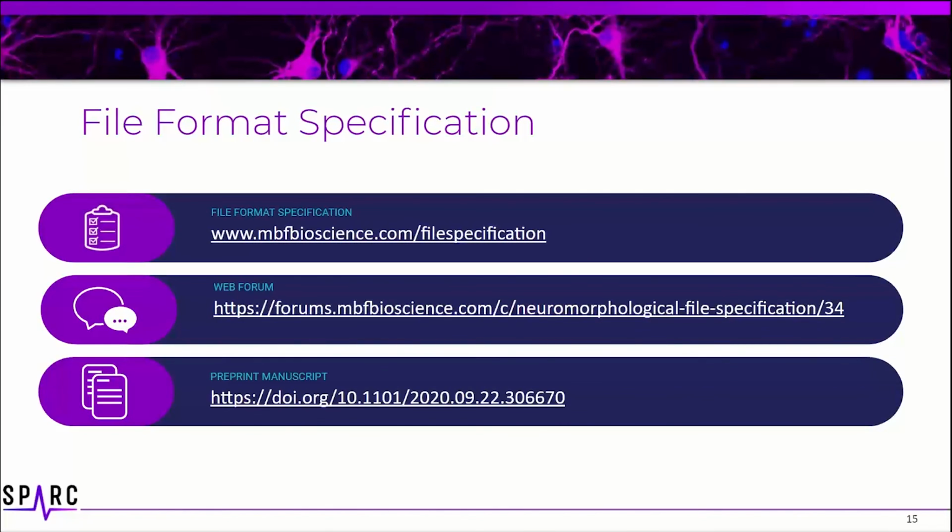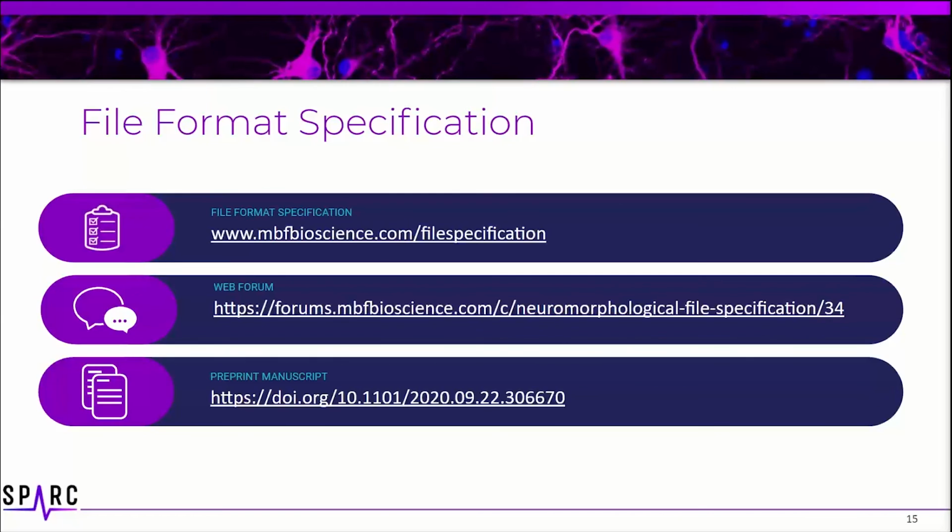To make the data output FAIR and allow tool builders like ABI engineers to ingest the data produced by MBF Bioscience, we have fully documented our file format, and it is available to the public. You can see the link to the file specification on the slide here, www.mbfbioscience.com/file specification.